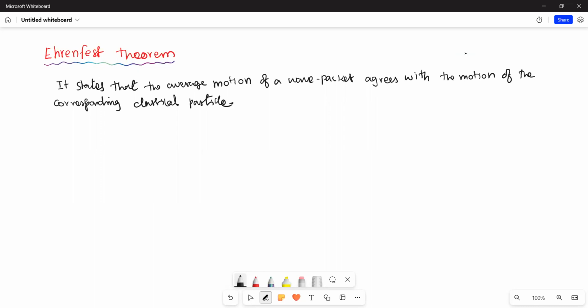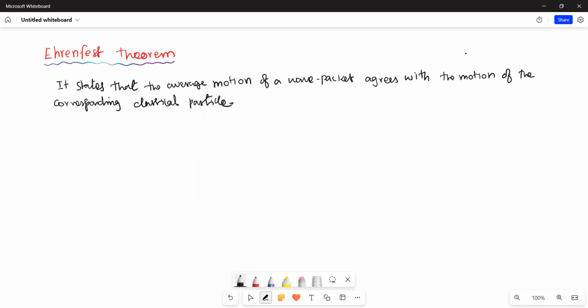So let us come to the statement of the Ehrenfest theorem. The Ehrenfest theorem states that the average motion of the wave packet agrees with the motion of the corresponding classical particle.